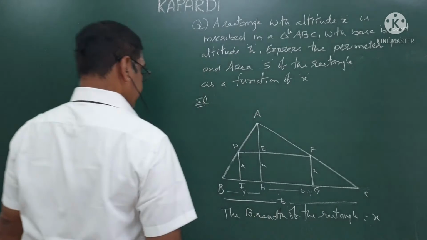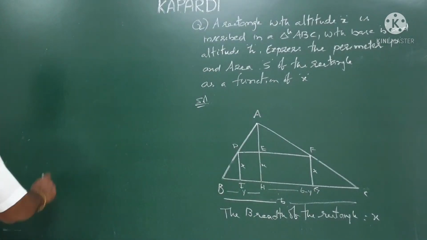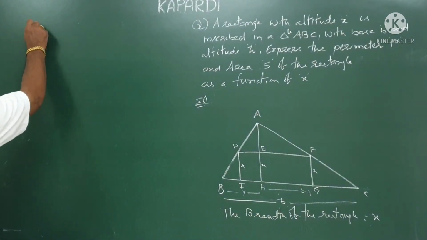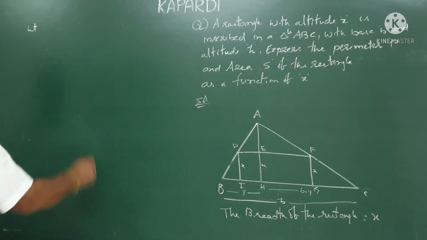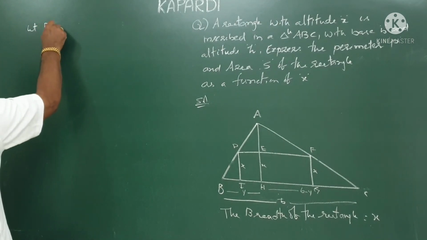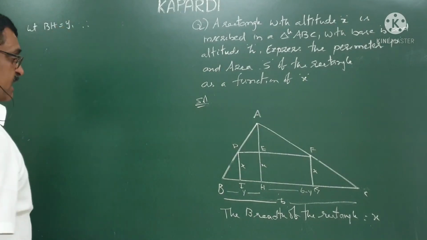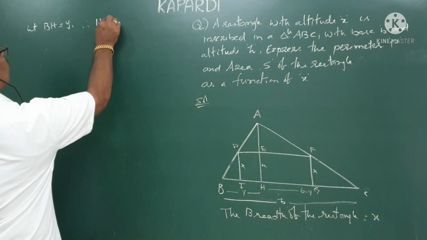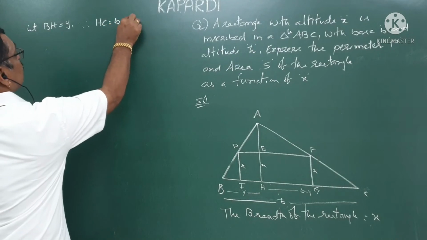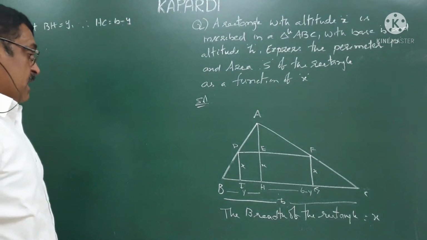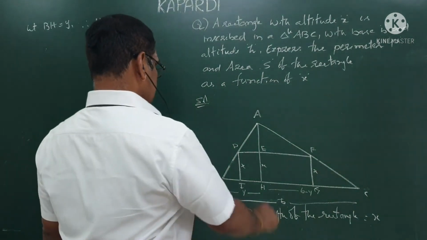So I write this down. Let BH be equal to y, therefore HC is equal to B minus y. I will concentrate on two triangles.